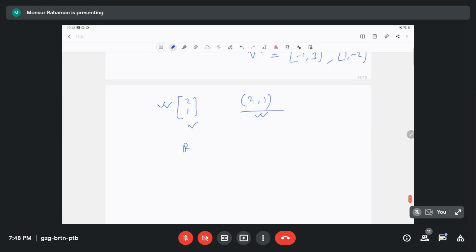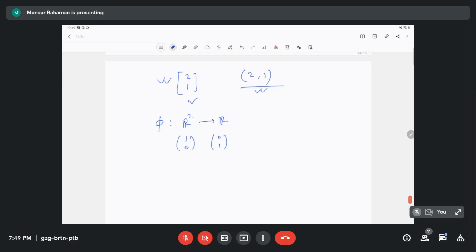Just imagine that we have taken 2 1 and 3 1, so now take just 1 0 and 0 1, the standard basis. So this basis is of R2, but the basis of the dual space of R2 will come out as 1 0 and 0 1. Same vector, but this is a row vector and previously it was a column vector.